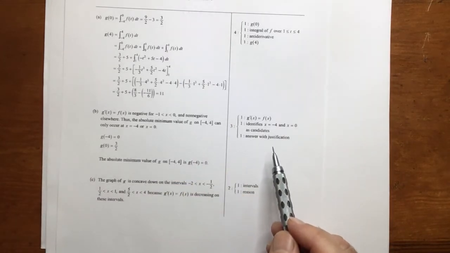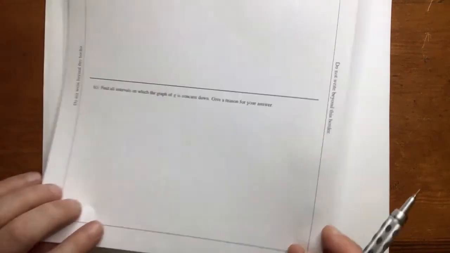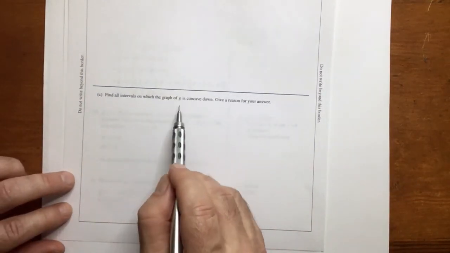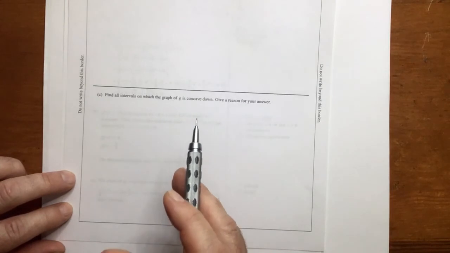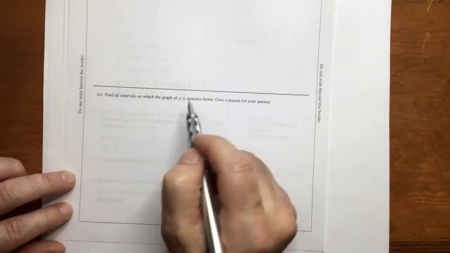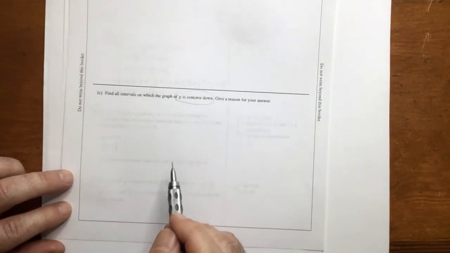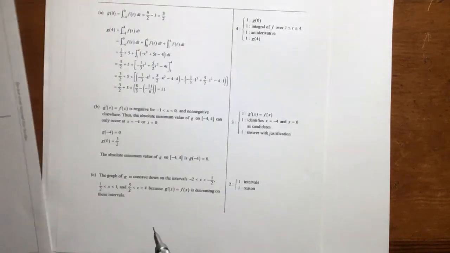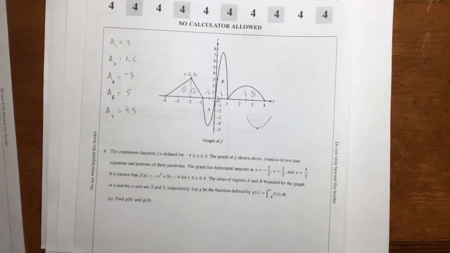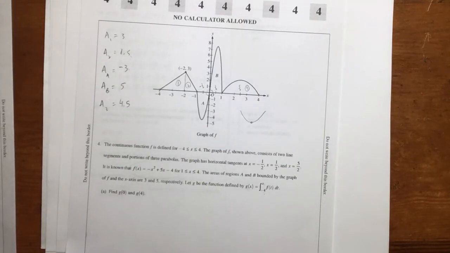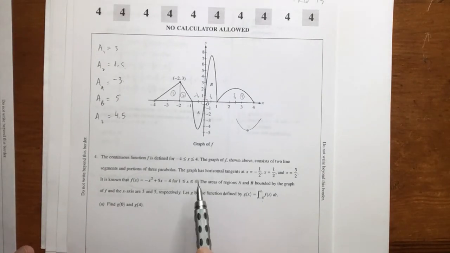Okay, and then part C, find all intervals in which the graph is concave down. So we're thinking about the second derivative of g, which must be the derivative of f. And we're looking for negative parts, negative slopes for f.